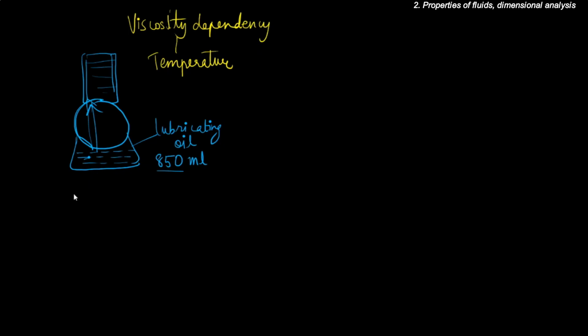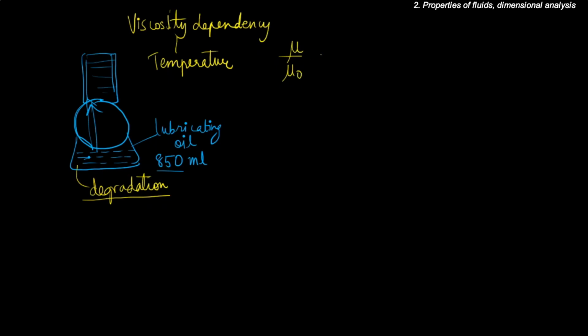However, when the bike runs for more than 10,000 kilometers, or when you have used the bike for over 6 months, there is a lot of degradation of the oil. The degradation of the oil is responsible for its loss in the temperature viscosity dependency. At this point, the oil loses its importance for the lubrication of the piston, and we have to change the oil.